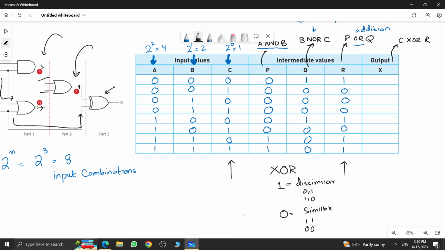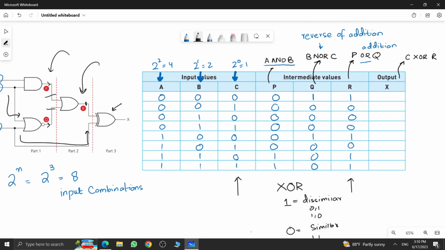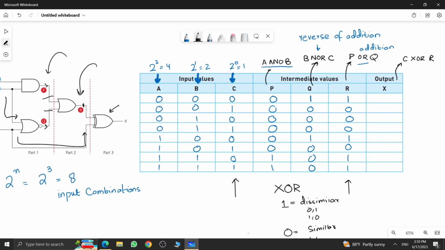So let's quickly do that. See the values of C and R. I'm just highlighting over here. This is C and this is R. So for the first column, you have dissimilar values 0 and 1. So the output will be, it's the easiest way of doing XOR, that when the values are dissimilar, the output will be 1.